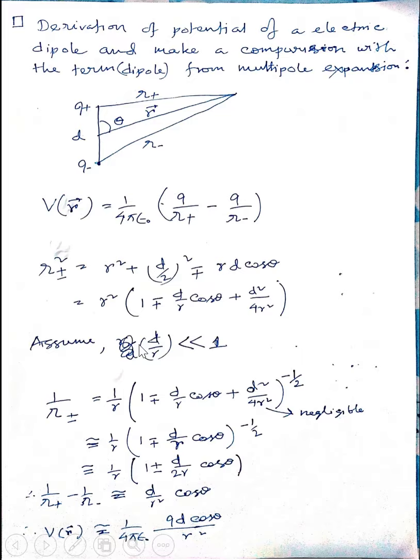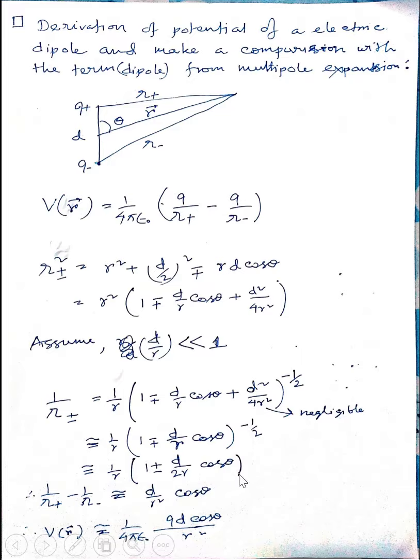And if I assume that d by r is small, that means r is very much greater than d, then I can neglect this d square by 4r square. This is simplified by this expression, and again I will apply the binomial expansion.